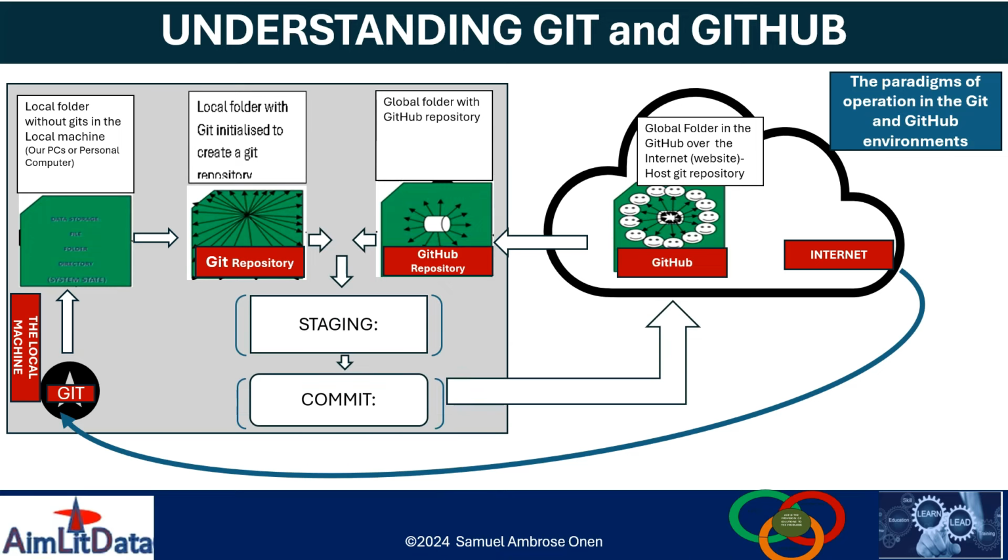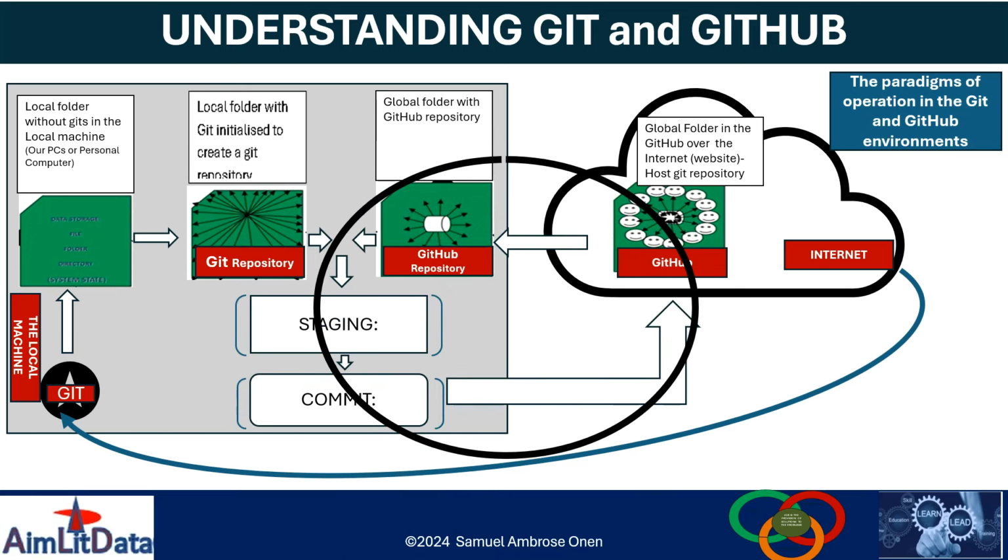And remember, our target is to be able to set up the system where we can work remotely with others, and share our documents, our folders, our versions with others. This circle here symbolizes collaboration with others on GitHub from the local repositories.